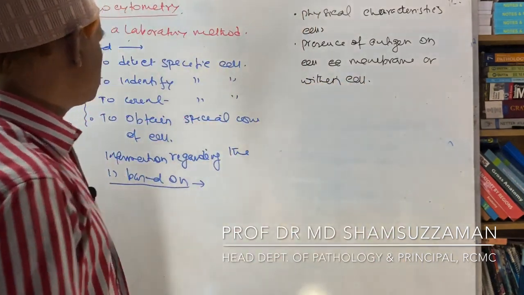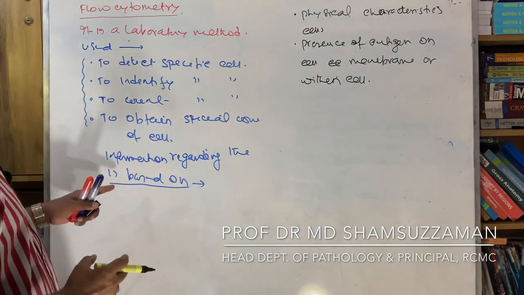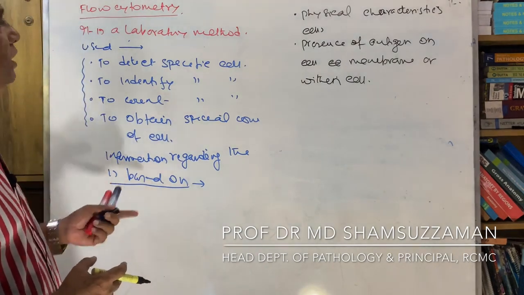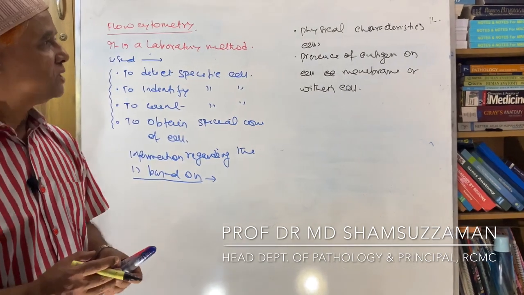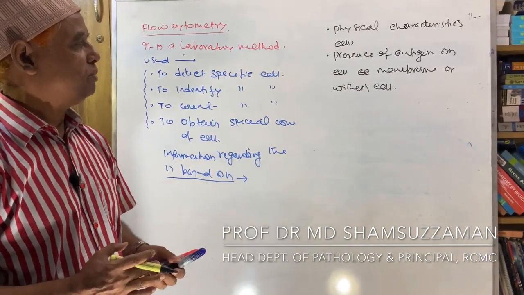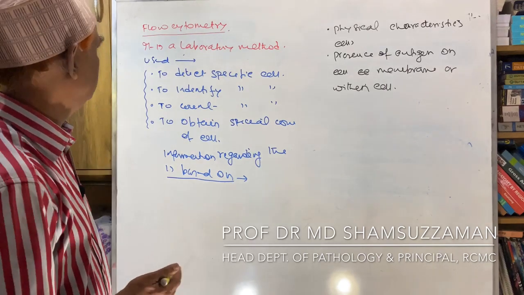So the information that you get by using flow cytometry is based on the physical characteristics of the cell, and also on the presence of antigen on the cell membrane or within the cell.